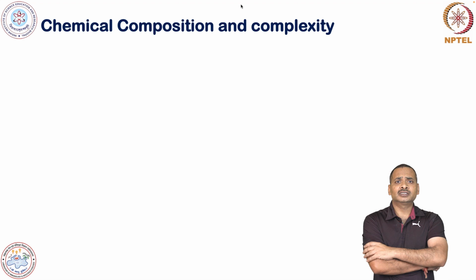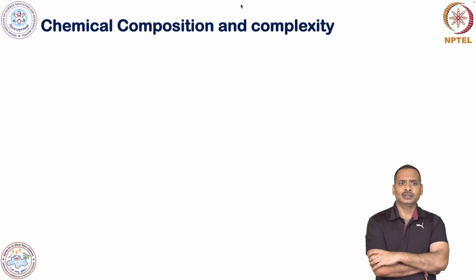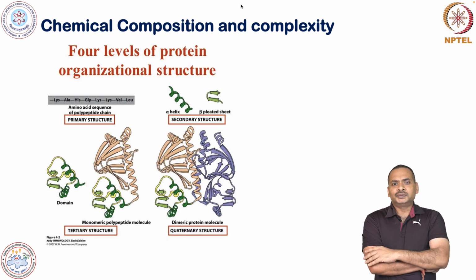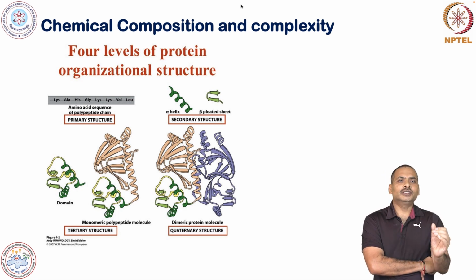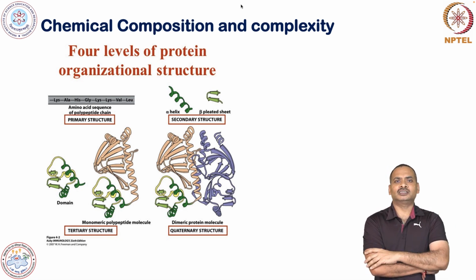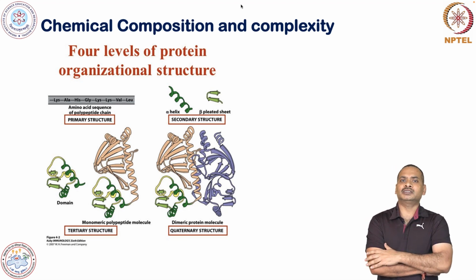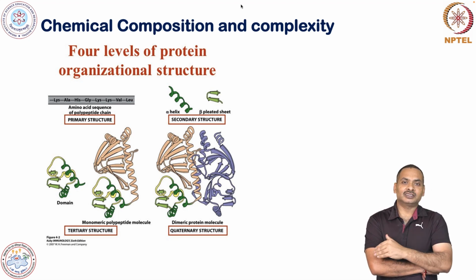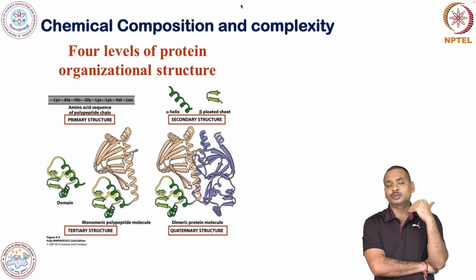Another property is chemical composition and complexity. Molecules which are very simple in structure do not have structural complexity. As I told you in the previous slide, lipid molecules do not induce a good immune response.